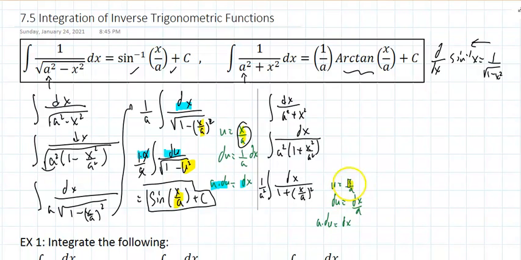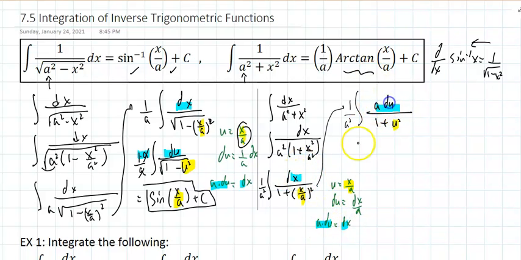If I substitute my quantities in, I'm looking at the integral of 1 over a squared times 1 plus u squared, because that's my sub, and my dx will simply be a du.